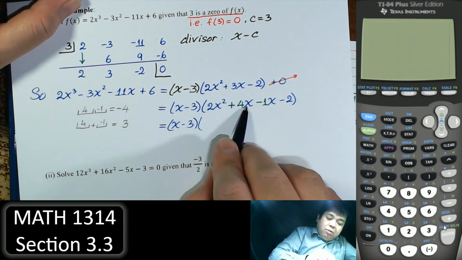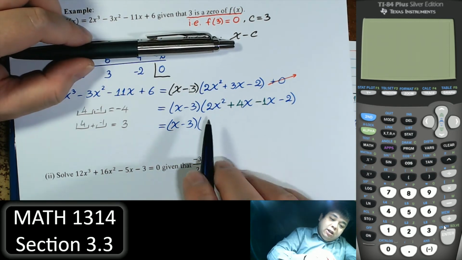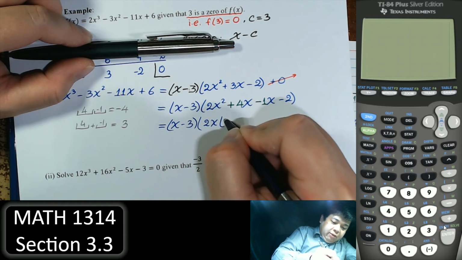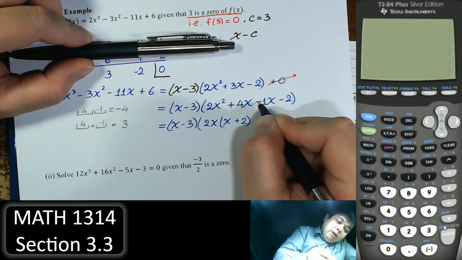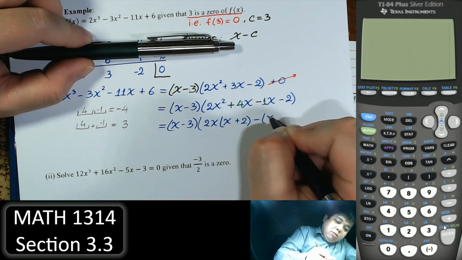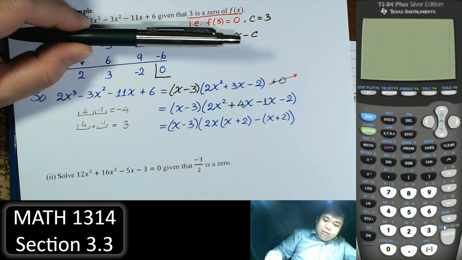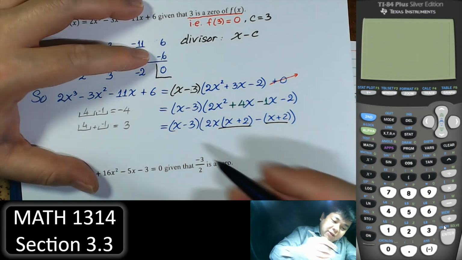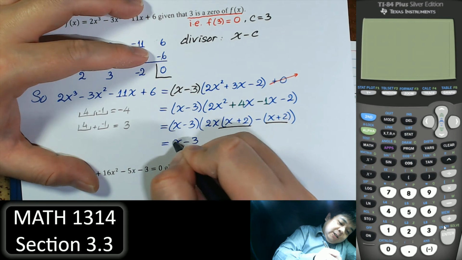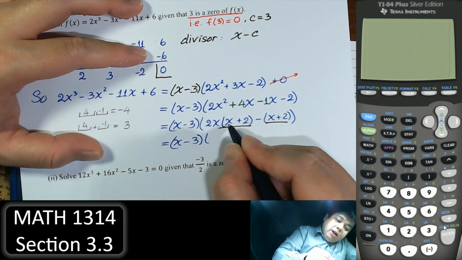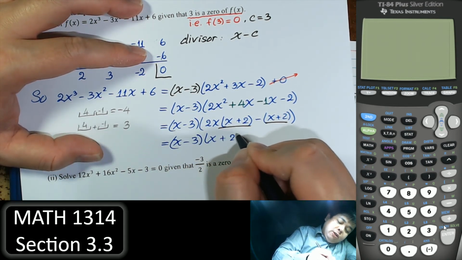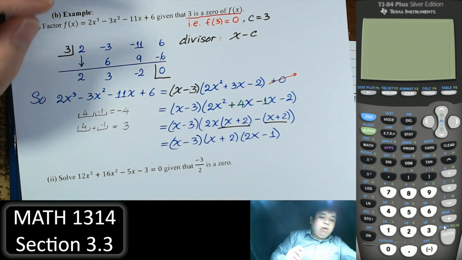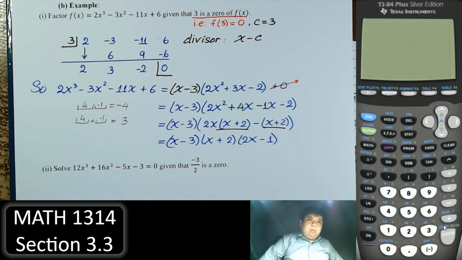And then 2x squared plus 4x, we can factor out a 2x. And then we have an x plus 2 left. Factor out minus x plus 2. Here are the common factors. So we have x plus 2 and 2x minus 1. Right, so we factor that polynomial completely.